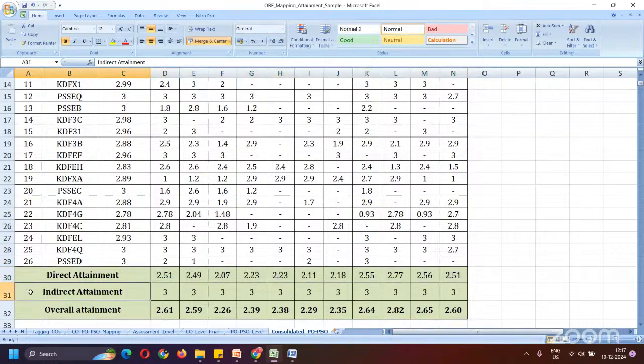For indirect attainment, again you have to set your POs and PSOs as the exit survey. We have seen the exit survey for the course attainment, right? At the end of each subject, you will obtain the course level indirect attainment. At the end of the course, in the final semester, you have to conduct a survey for POs and PSOs.